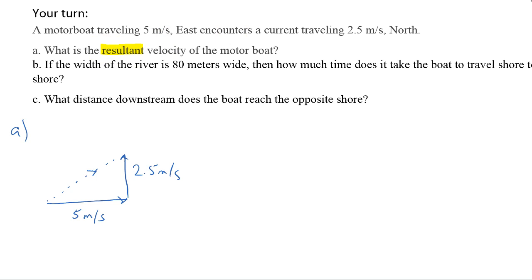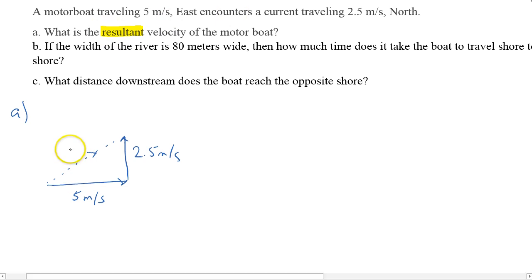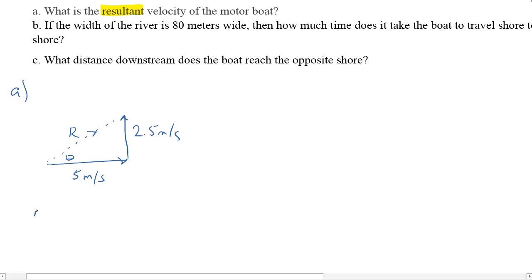So the answer would be, it's just some straight Pythagorean work here. We got an r, we got a theta. So r is going to be equal to the square root of 5 squared plus 2.5 squared. And the answer for that, I think, will end up being about 5.6 meters per second.